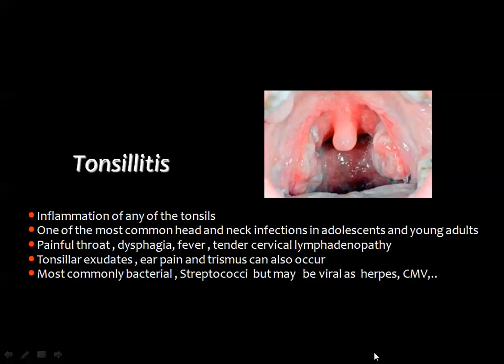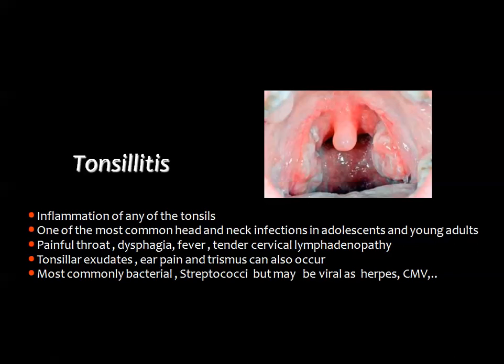Then we come to tonsillitis, which is the major inflammatory source of infection in children and young adults. The patients present with painful throat, dysphagia, fever, and many times with tender cervical lymphadenopathy.